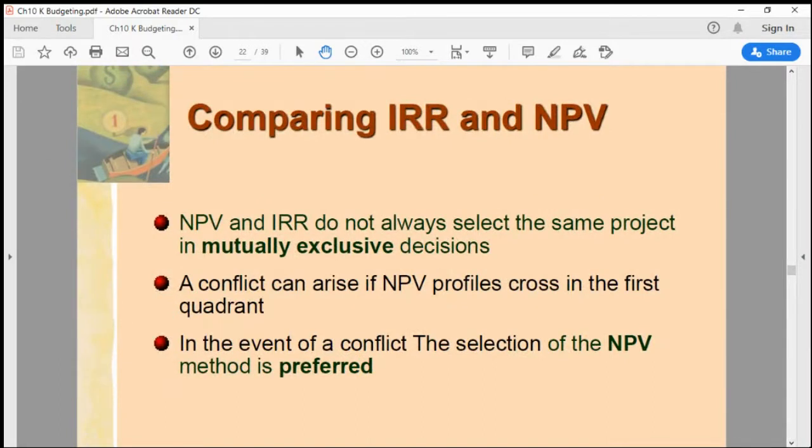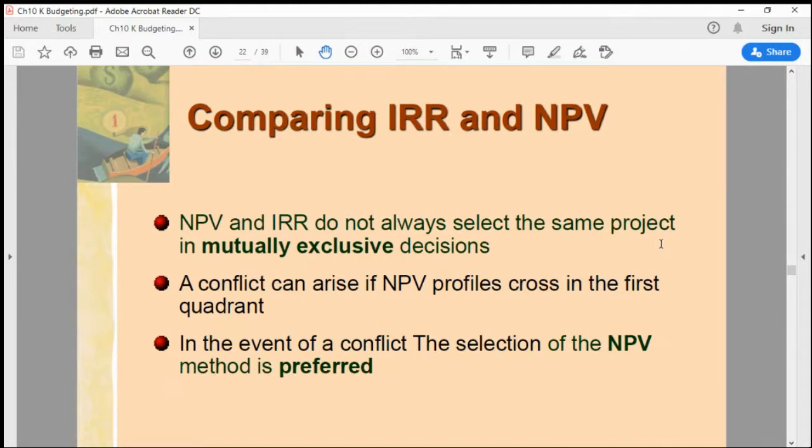Now, as we compare internal rate of return and net present value, NPV and internal rate of return do not always select the same project. They generally do, but sometimes they select different projects in mutually exclusive decisions.